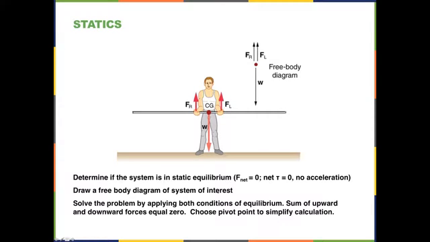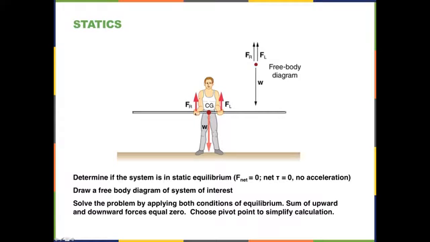And you then calculate and make sure the upward forces sum and the downward forces sum in such a way that the total is equal to 0. And you choose a pivot point based on your ability to measure distances, such that it's easy to calculate the torque.